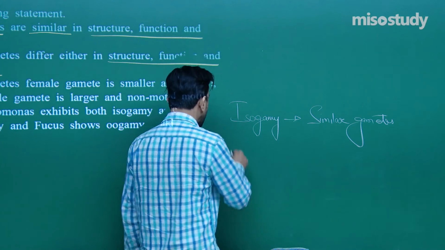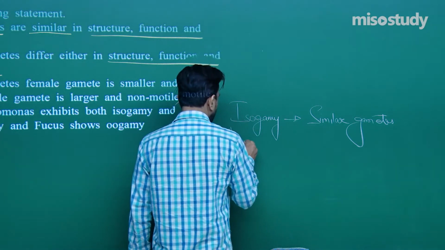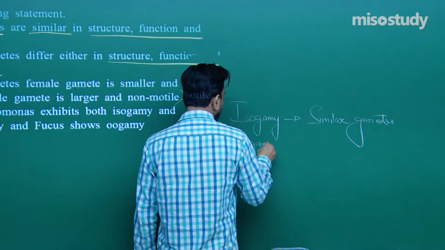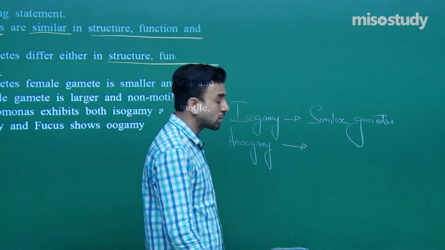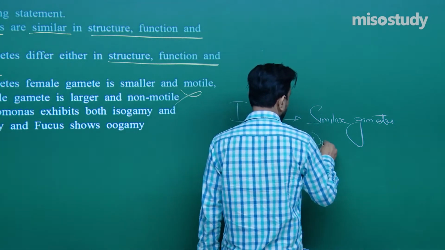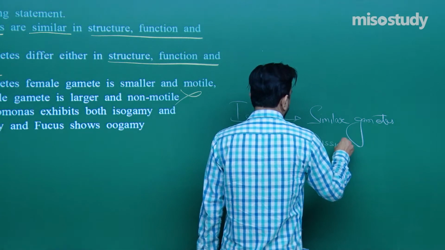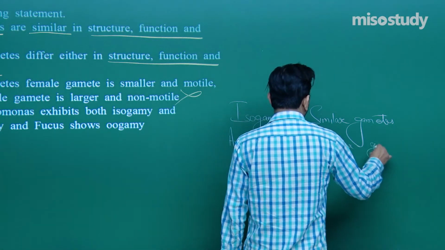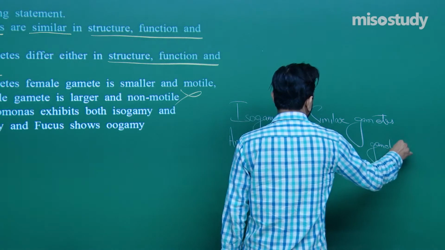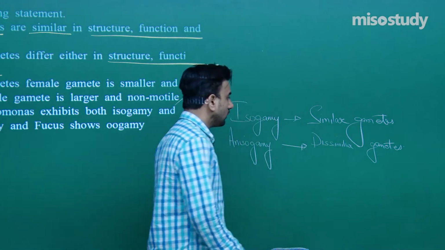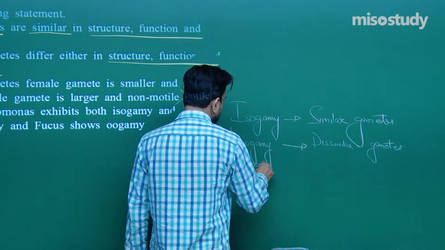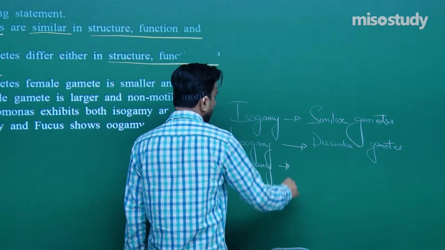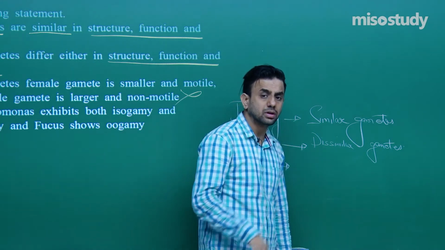Then we talk about anisogamy, in which the gametes are dissimilar. And then we talk about oogamy. Oogamy is a special condition.